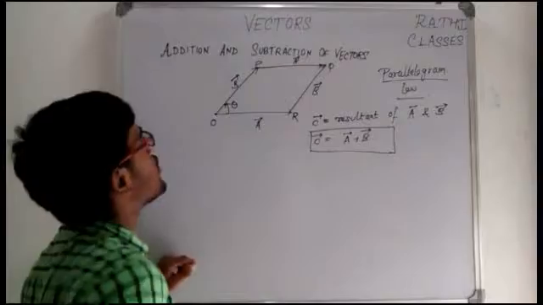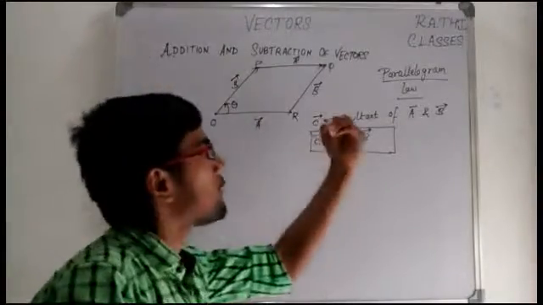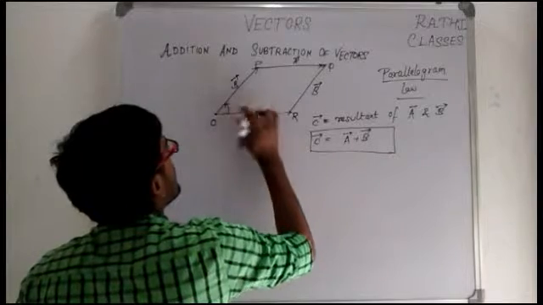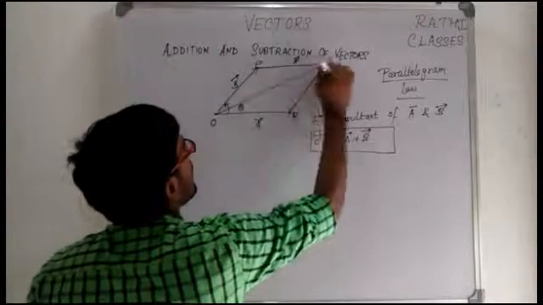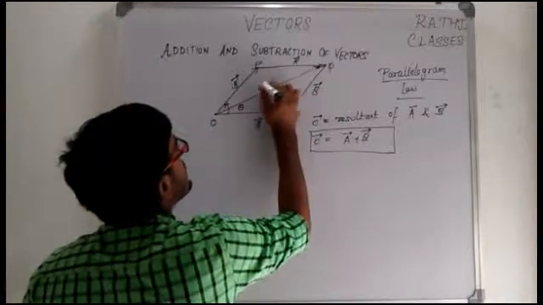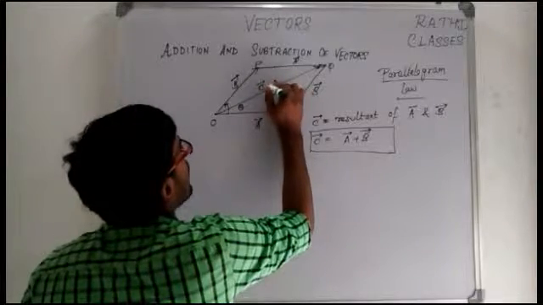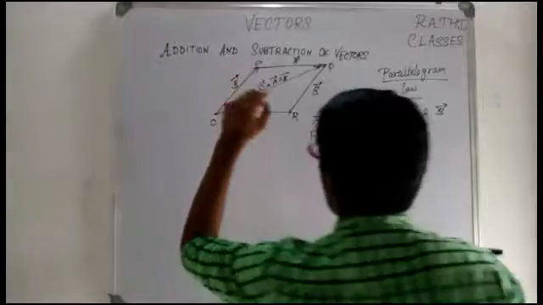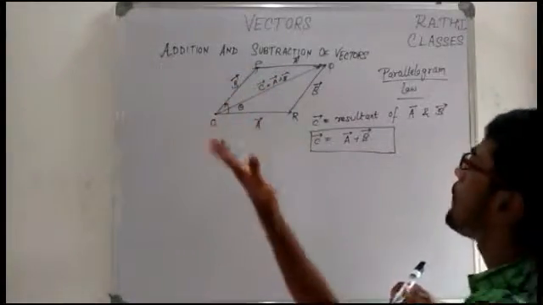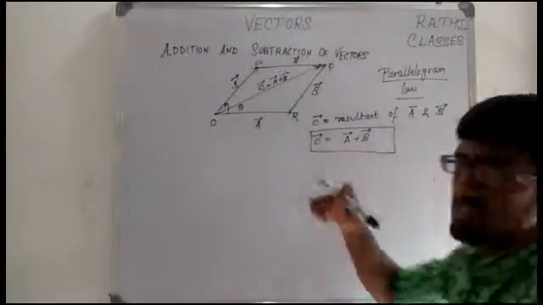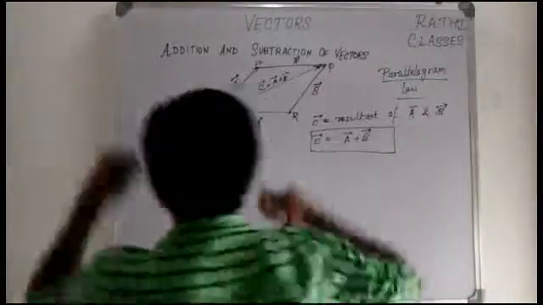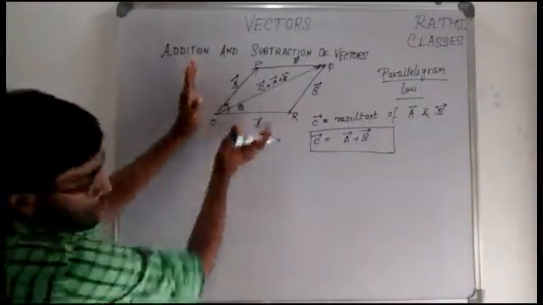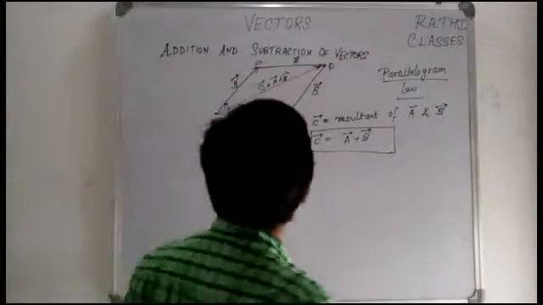So in that case, the parallelogram law of addition says that this diagonal will be the vector C, which is equal to vector A plus vector B. That means this diagonal will be the net resultant vector of these two vectors, vector A and vector B, right?